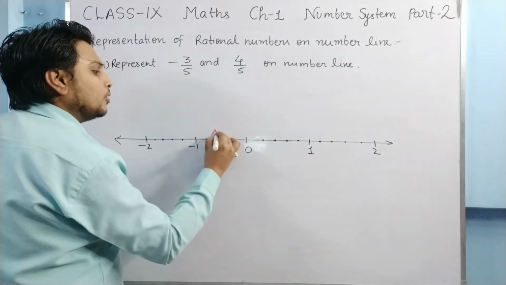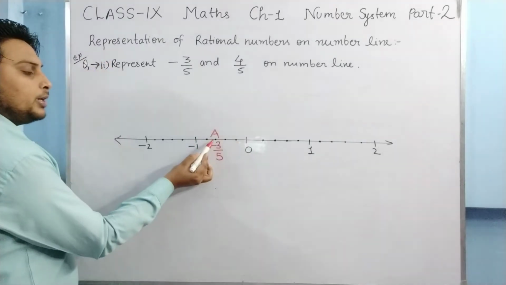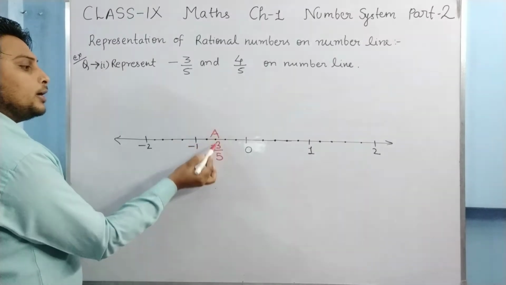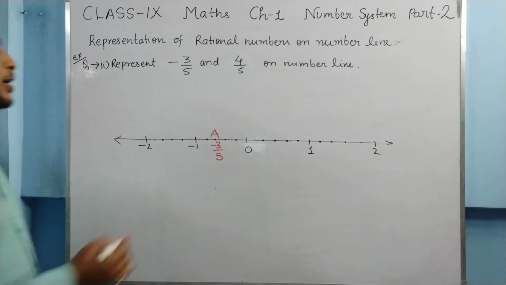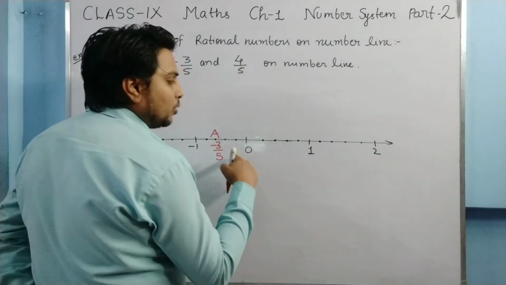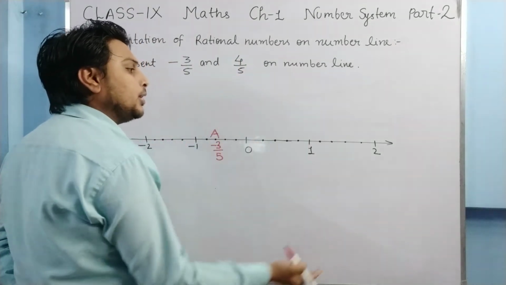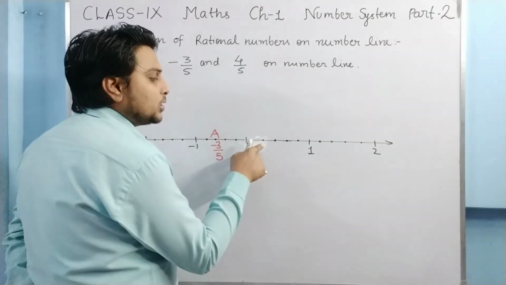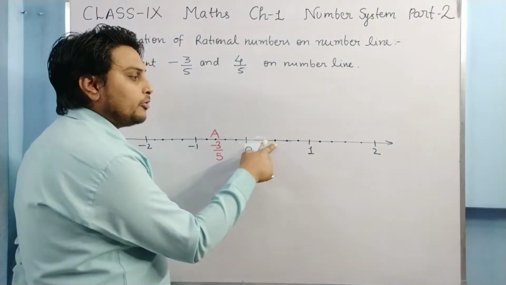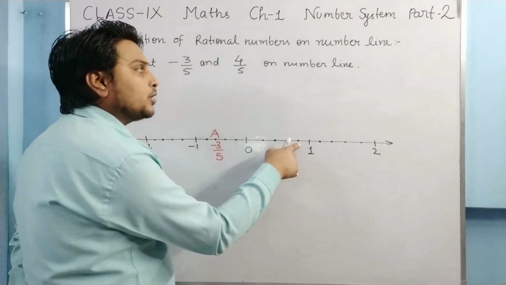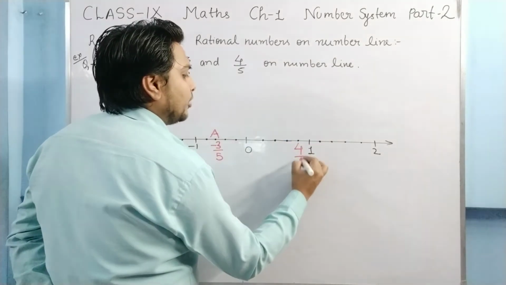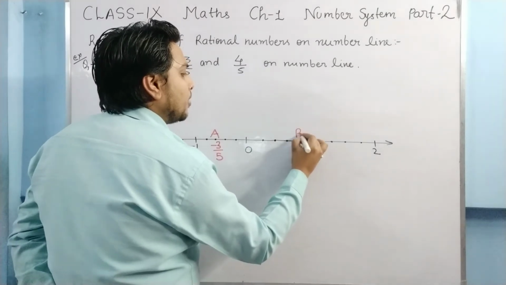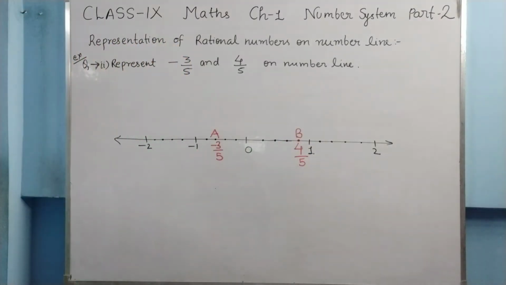Now 4 by 5 is positive, so it will be on the right hand side of 0. It is 1 by 5, 2 by 5, 3 by 5, 4 by 5. So this point will show the number plus 4 by 5.